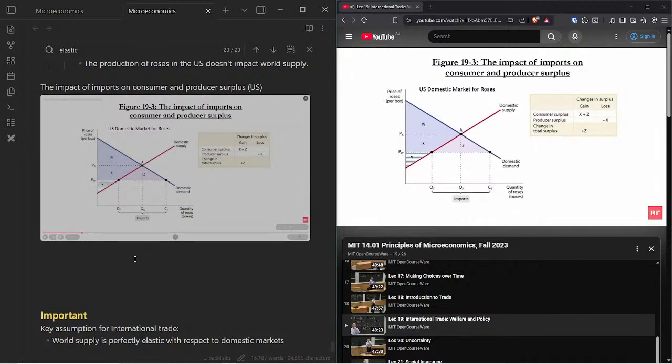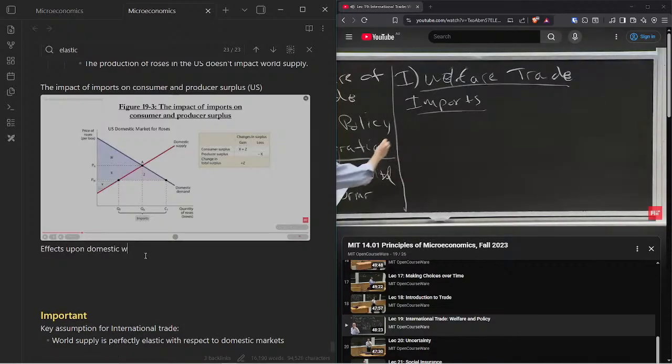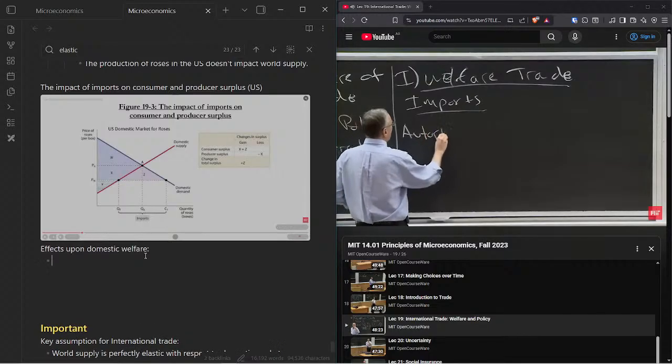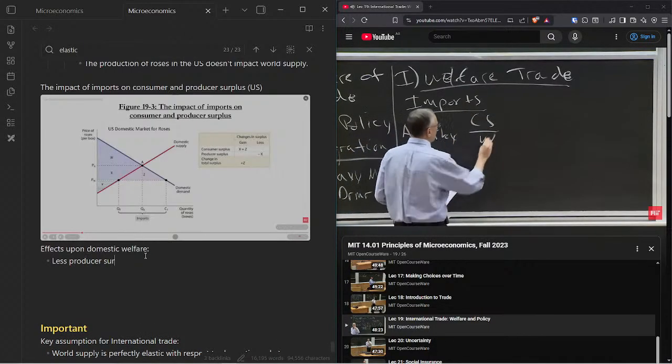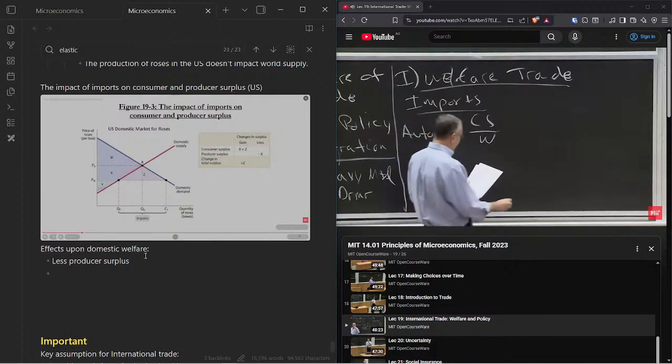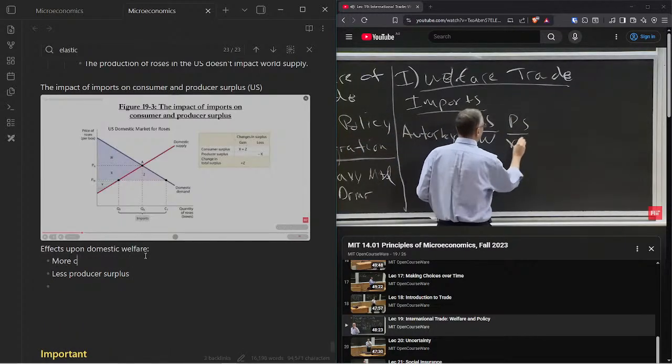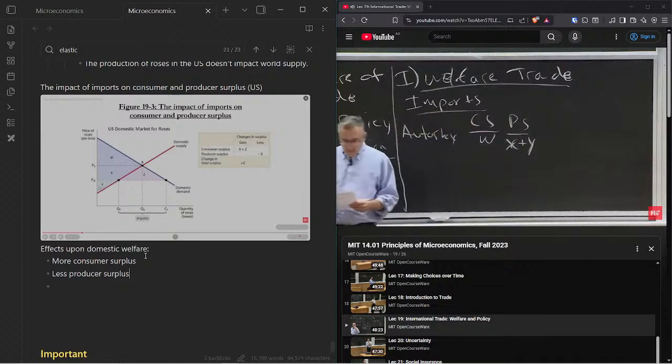Well, here what we have is, initially we start with domestic supply and domestic demand. Before trade, we have QA roses being sold in the U.S. at a price PA. So under autarky, consumer surplus is W, and producer surplus is X plus Y. That's the producer and consumer surplus before there's trade.